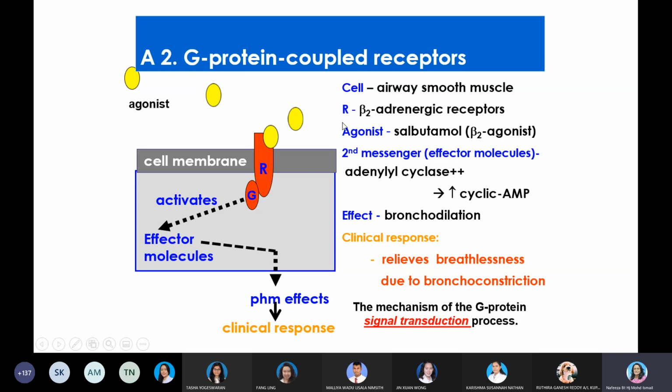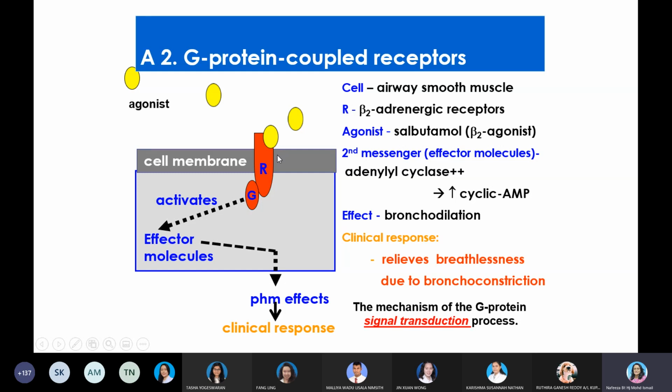Okay, got that. So we have an agonist. The agonist combines with the beta-2 adrenergic receptors. Those of you who have family members with asthma know that we still use salbutamol a lot in the clinics. All right.